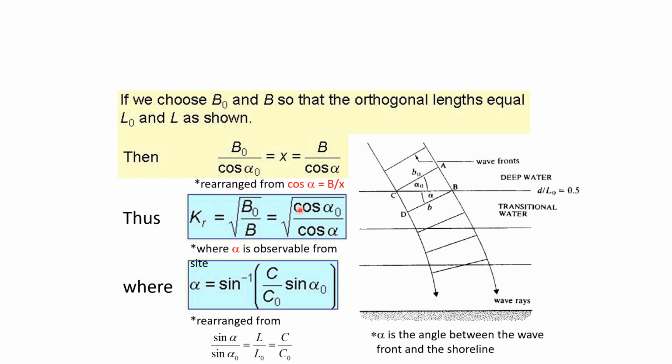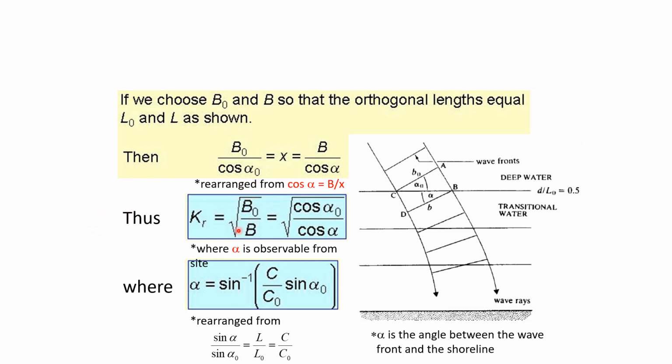Because if we, for example, take a satellite photo of the wave, or we go to the beach and observe the wave, it is easier for us to measure or approximate the change of the incidence angle alpha rather than to try to measure B and B naught on site, which is actually impossible. So by defining K_R as the change of incidence angle rather than the change of the width B, it is much easier for us to quantify K_R.